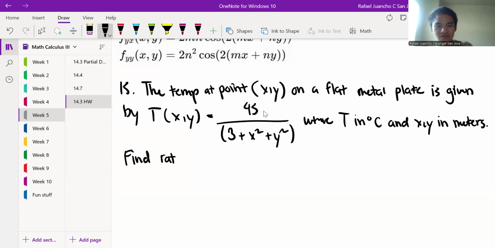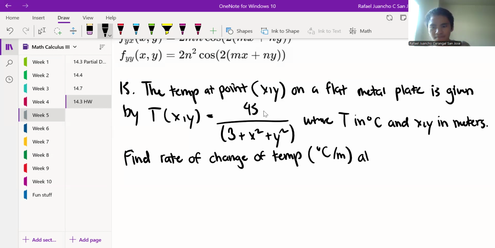Our task is to find the rate of change of temperature, in Celsius per meter, at this point with respect to distance in the x direction and y direction.